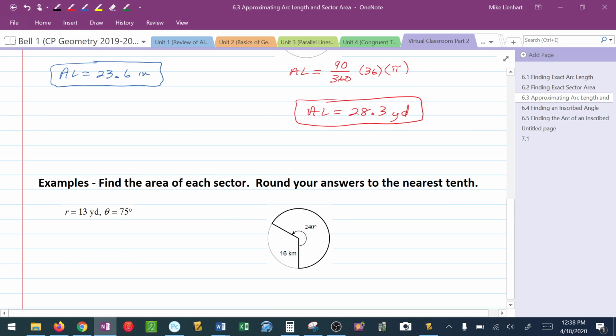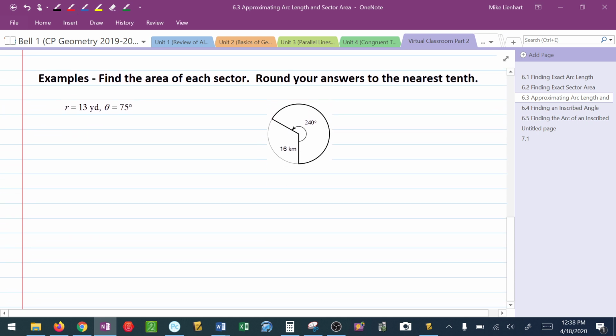The second kind of problem that we're going to have here is the area of a sector. Again, I have to remember that formula: theta over 360 times r squared times pi. But now they want me to round my answers to the nearest tenth, which is telling me to use the pi button on the calculator. To find the area of a sector, I need to know theta and the radius. Got them both.